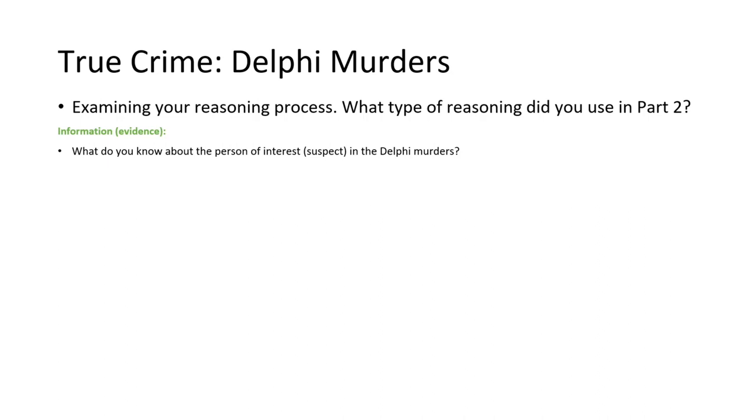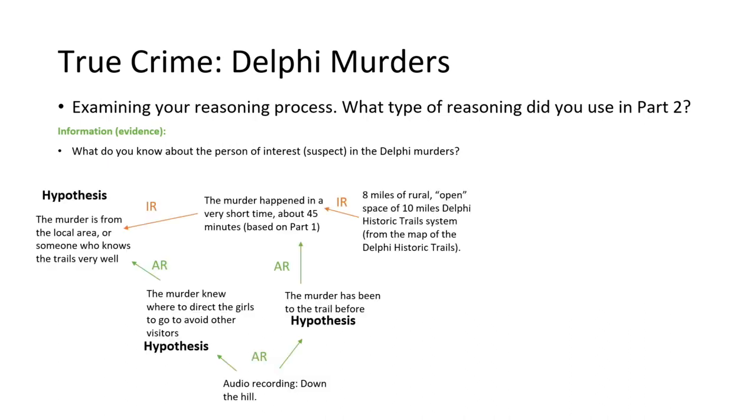Based on the Delphi Historic Trails system, I know that the trail system is complicated and there are 8 miles of rural open space. Based on my hypothesis in part 1, I'm providing some inference hypotheses in part 2.